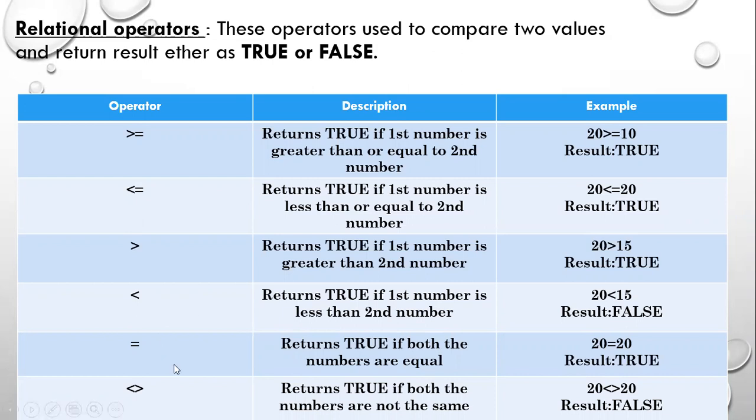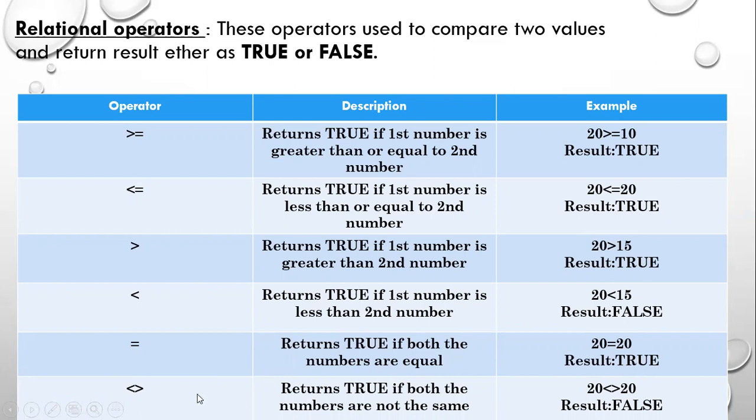Another operator is equal to. If both numbers, my first number and second number, are equal, then my result will be true. So if 20 is equal to 20, yes it is, so my result is true.